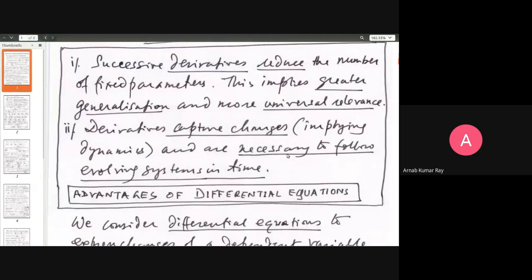So basically, these are the two fundamental advantages of differential equations: that a differential equation captures changes through a derivative, and a differential equation, by using a derivative, is more free of fixed parameters than an integral representation of the same system. And therefore, a differential equation has greater generalization. Let us see how.